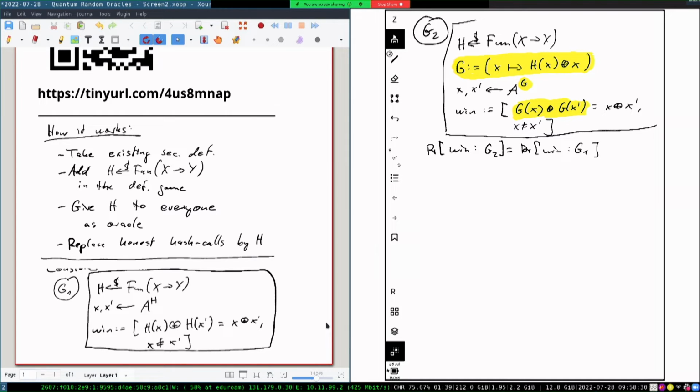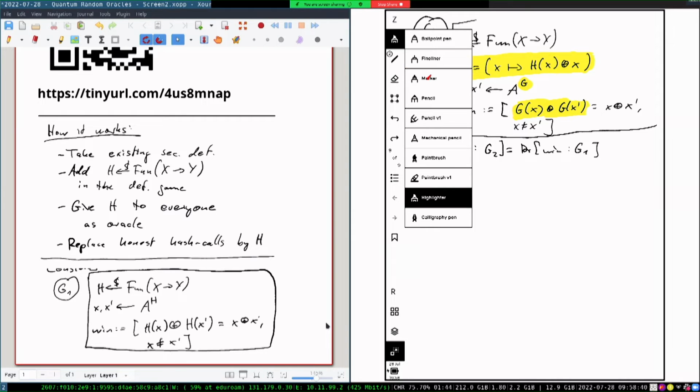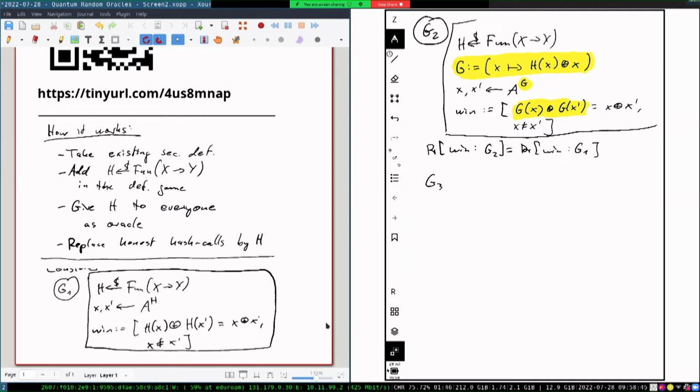Okay, so why was this useful? Well, now we can actually simplify things. So in game 3, I'm just doing some classical simplifying: just plug in the definition of G again to compute H, to express things in terms of H. I have this step still.